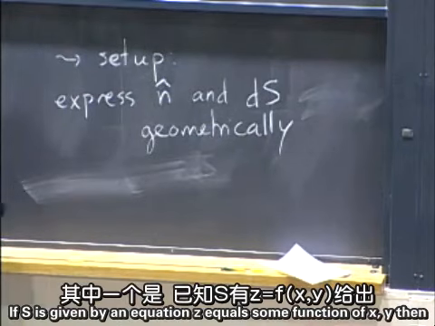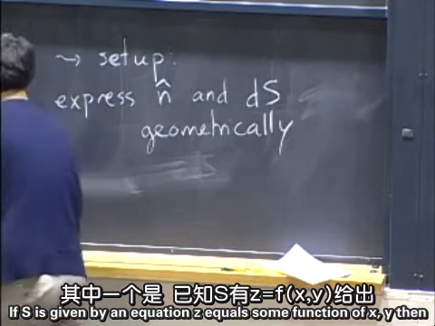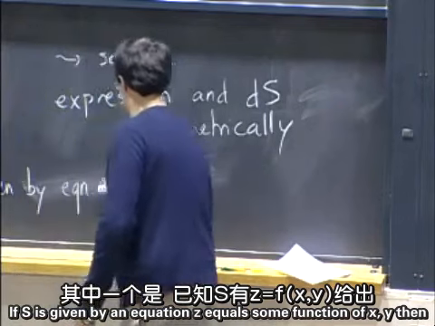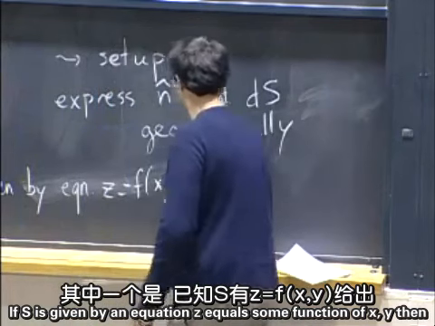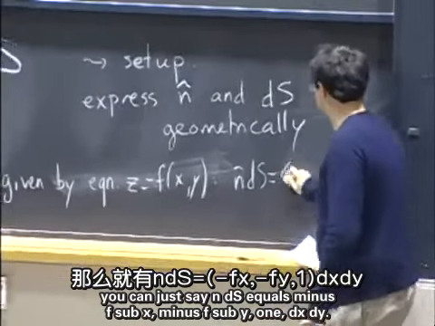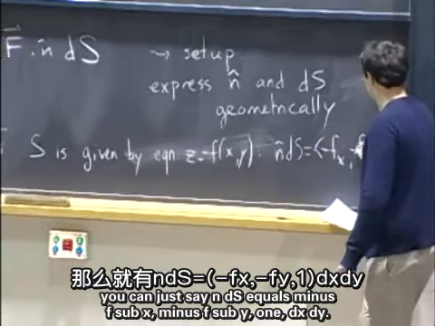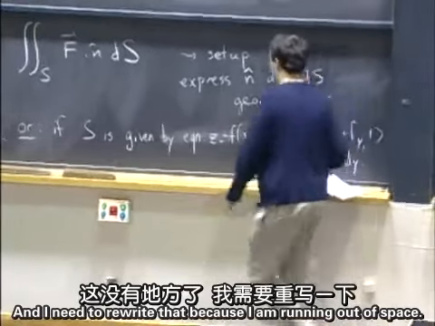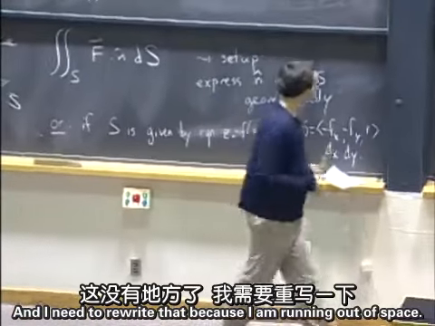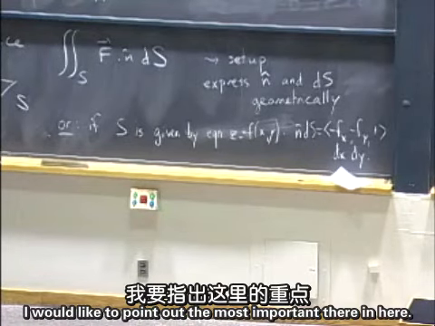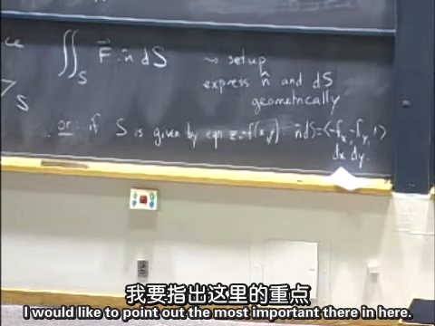If S is given by an equation z equals some function of x, y, then you can just say N dS equals (minus f sub x, minus f sub y, 1) dx dy, and I need to rewrite that because I'm running out of space. But while I erase, I would like to point out the most important thing in here.